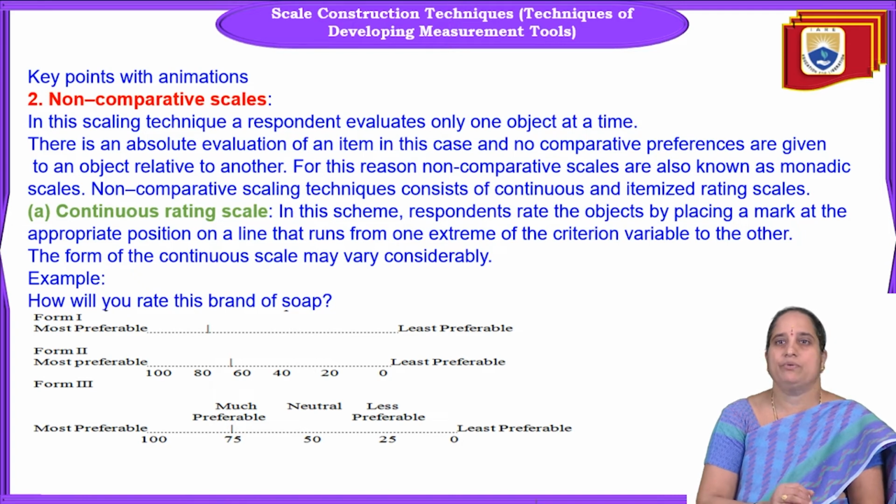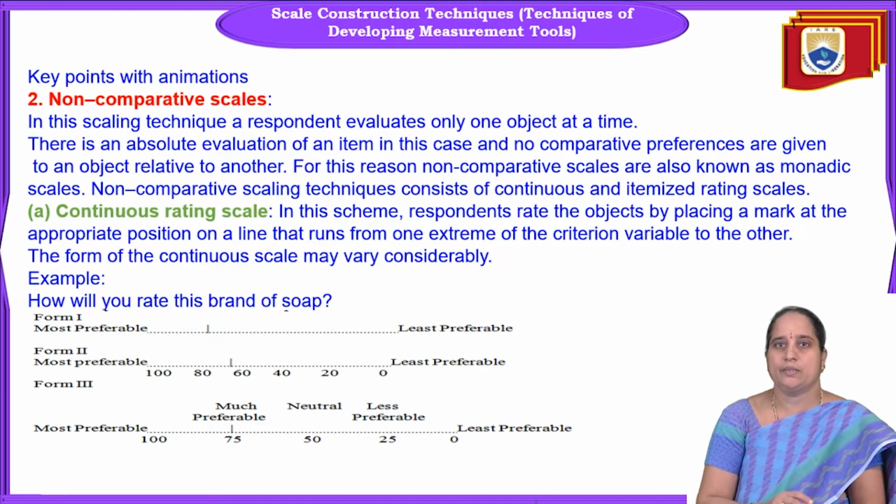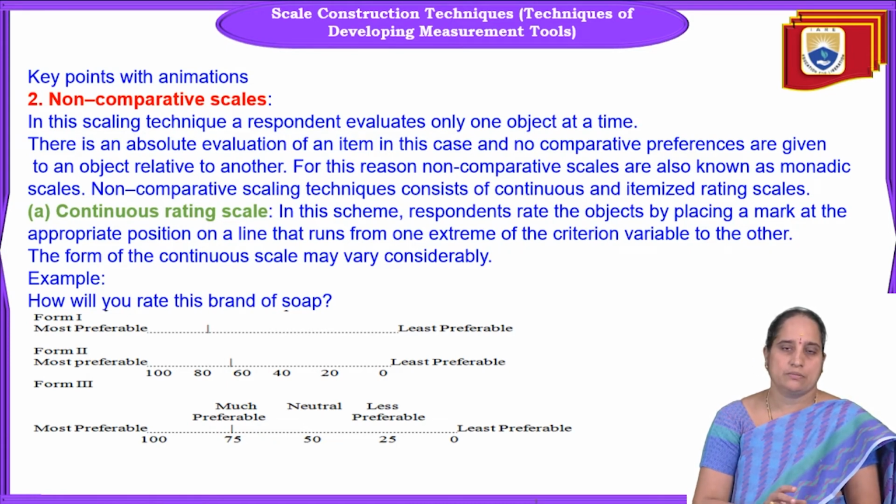There is an absolute evaluation of an item and no comparative preferences are given, as the name itself indicates. Comparison is not allowed in this type of method. We can also find whether objects relate to each other, and to what extent, what is the degree of that relation, with the help of non-comparative scales.